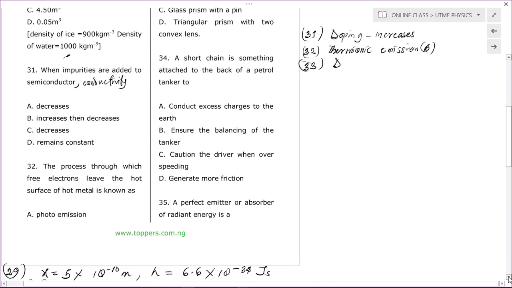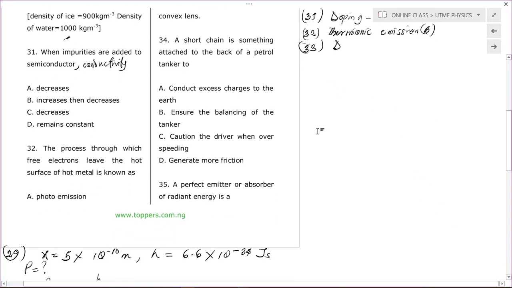Number 34. A short chain is attached to the back of a petrol tanker to do something. Now the petrol tanker is more electrified and there are free charges coming from it because of the petrol itself. So any little problem like this, it can ignite.